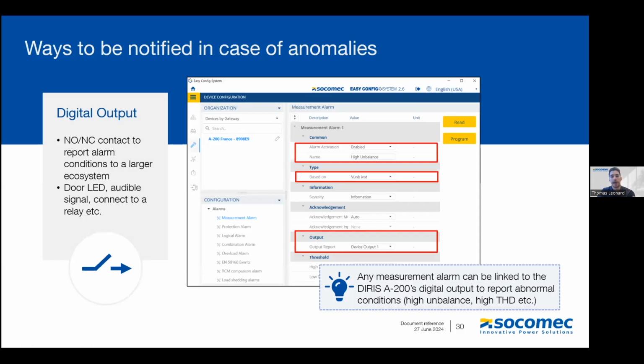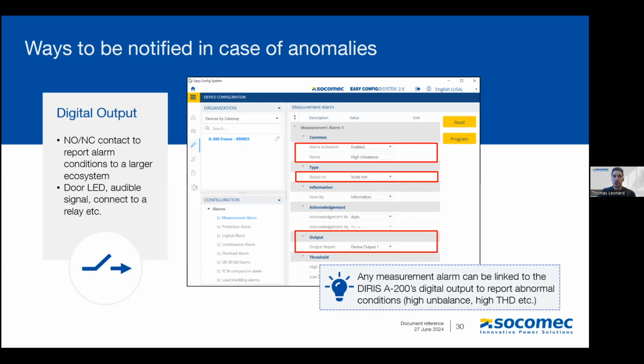So when the alarm activates, the contact will open or close, and this contact can be used. It can be connected to a PLC, for example, so integrated to a larger ecosystem or monitoring software.